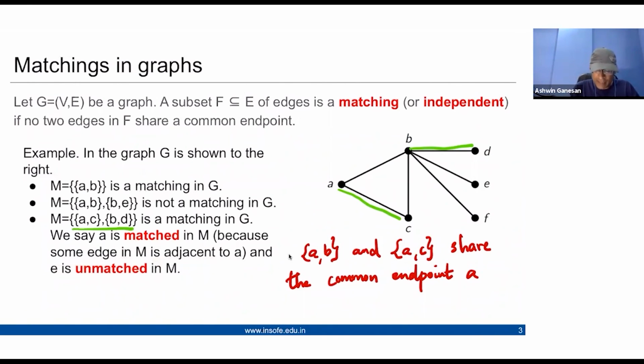In this case, M contains these two edges, and therefore A is matched. Whereas the vertex E is unmatched in this subset because none of the edges in the subset contain the vertex E as an endpoint.